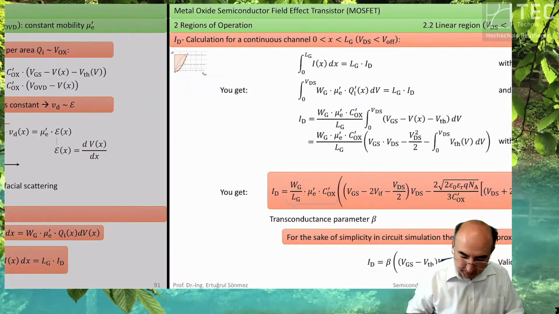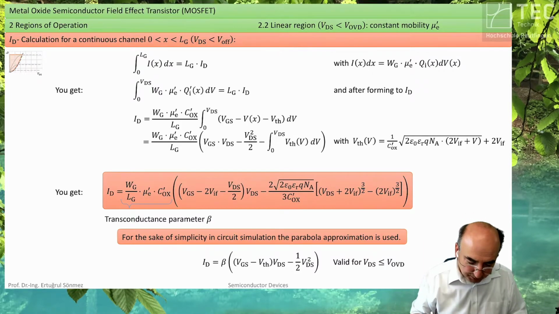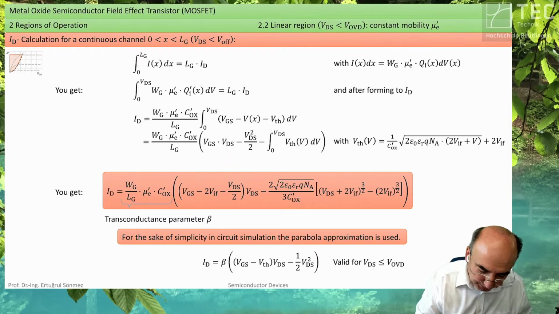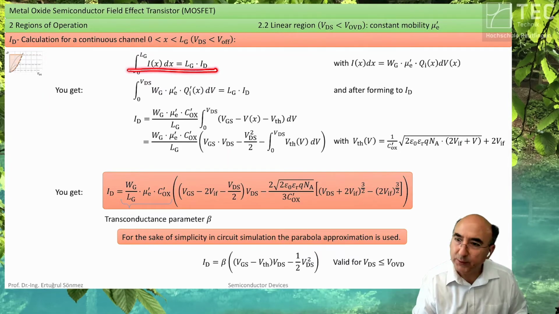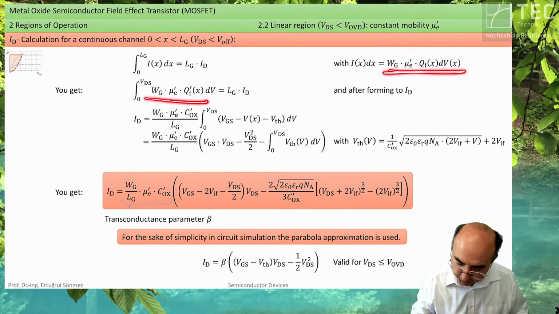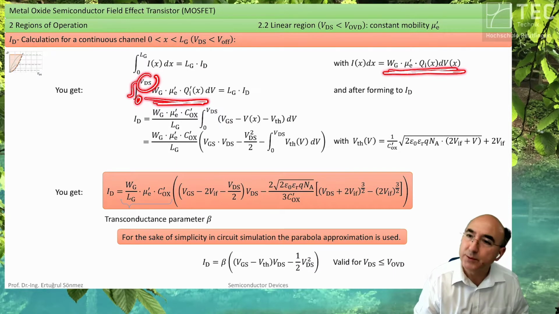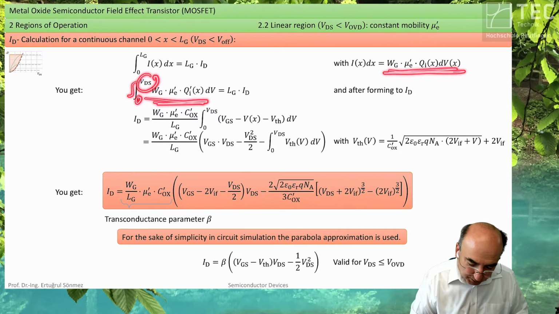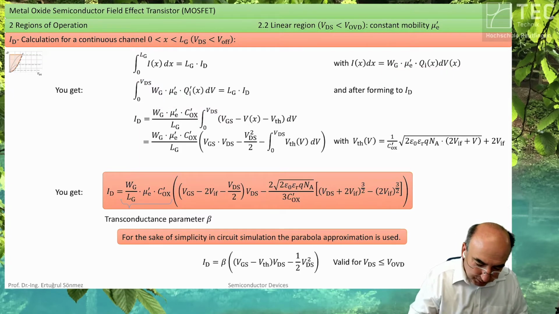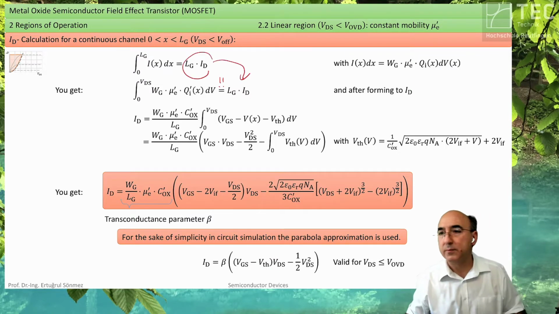This equivalency is now here on this slide. So again, repeating, the left side I have just copied, and the right side of the previous equation is here. And now we integrate from 0 to VDS. And we know that this result is this one.